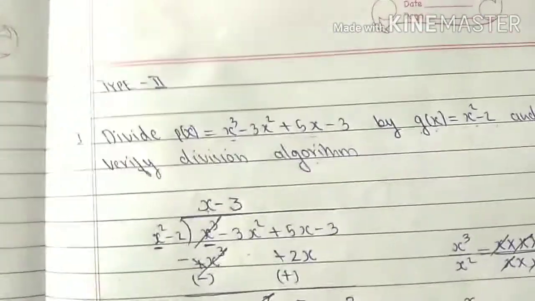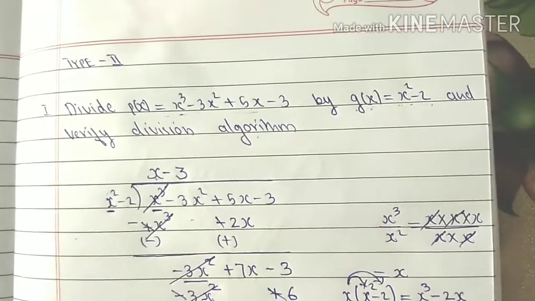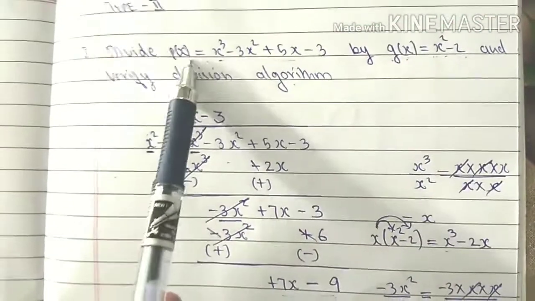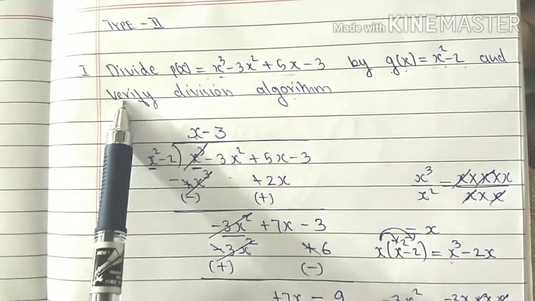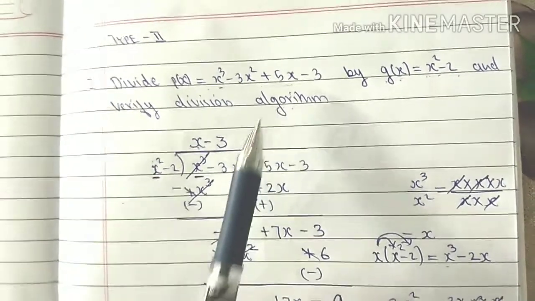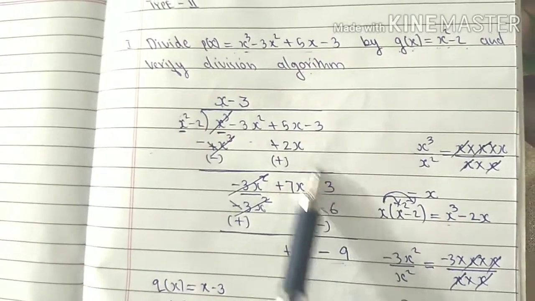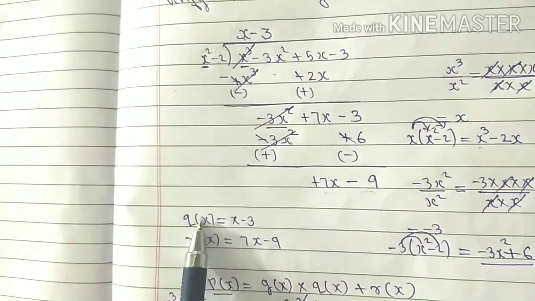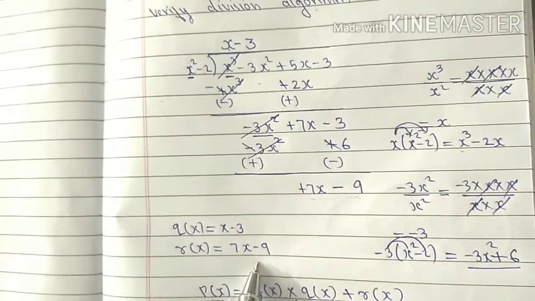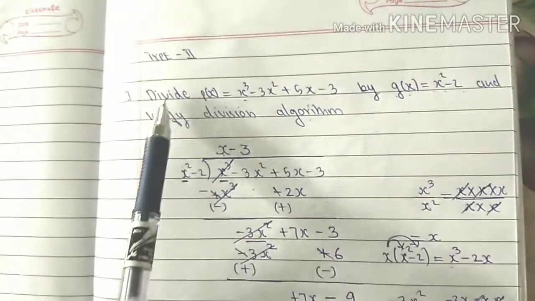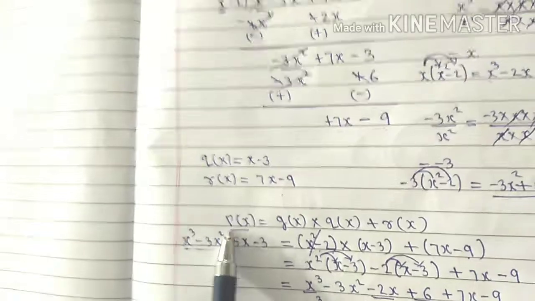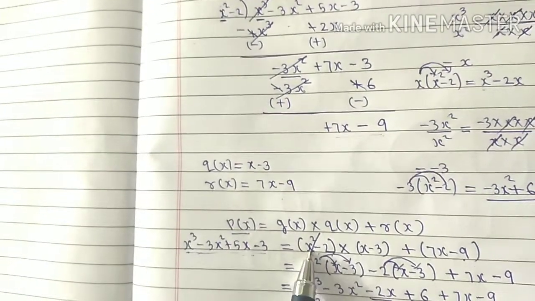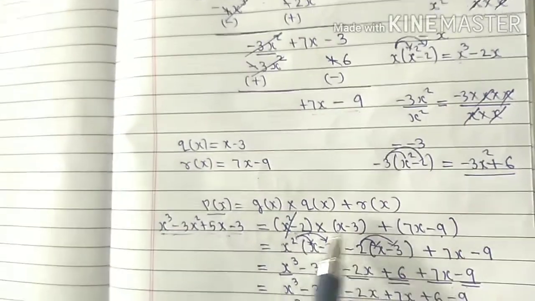We were dealing with type 2. In type 2, what we have learned is this: if the polynomial is given and you are dividing with the other polynomial, you are asked to verify division algorithm. The first part of the problem is same as type 1, wherein you used to find out the quotient and the remainder. The next part, when the question says verify division algorithm, you have to write the formula P of x is equal to G of x into Q of x plus R of x, put in the terms G of x, Q of x and R of x and multiply.